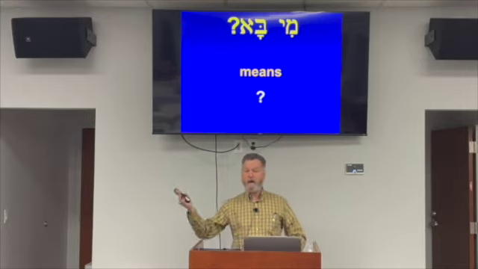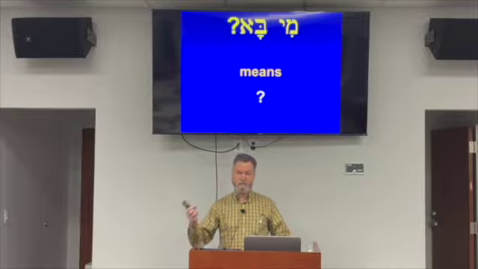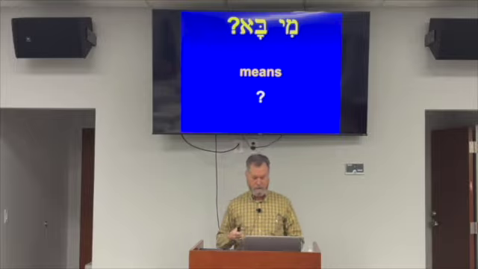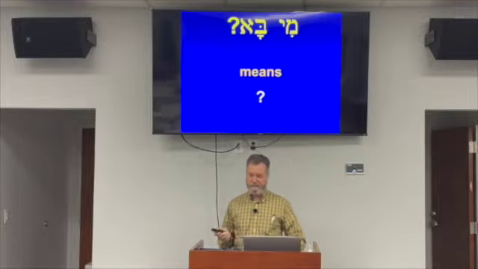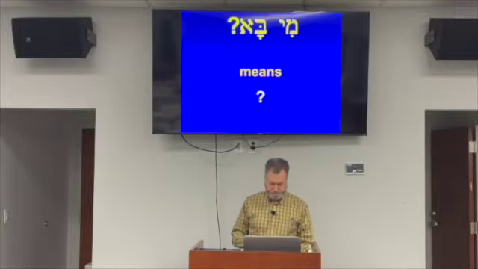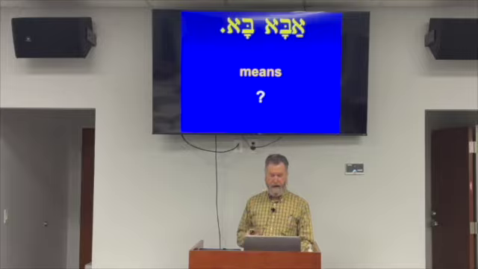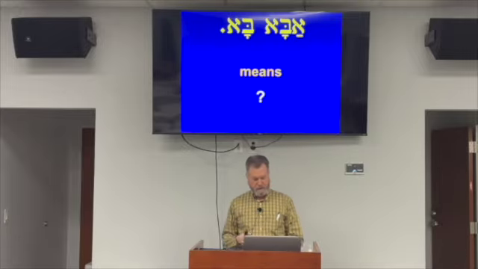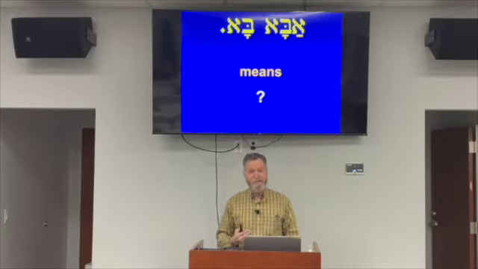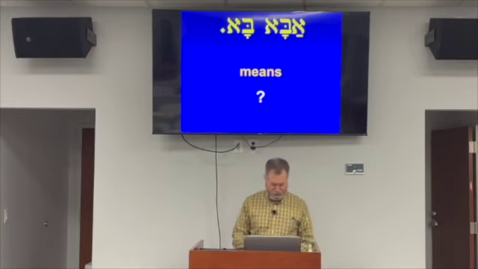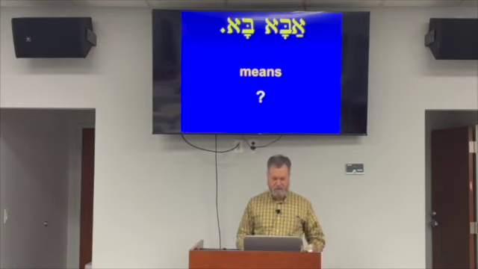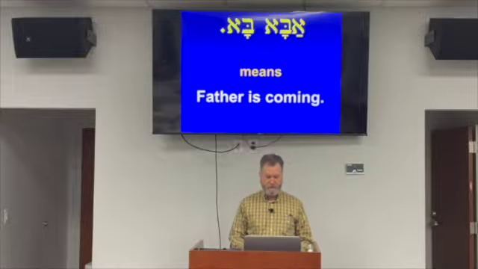If we don't know whether the person's male or female, we default to the male. So mi ba, who is coming, even if we don't know whether it's a male or female. And the answer is Abba ba. They even give you a picture to help you out if you have the book, and it means father is coming.